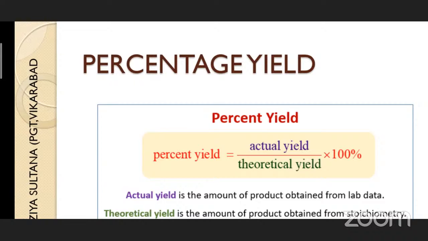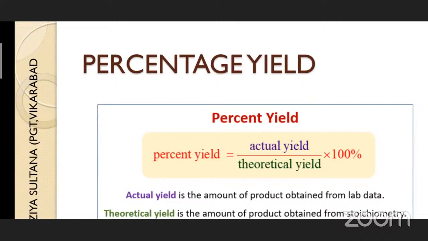So there is a chance that we would get a lesser amount of product, or an equal amount depending upon the stoichiometry. Suppose after carrying out the reaction, we get a lesser amount of product than expected from the stoichiometry of the reaction.